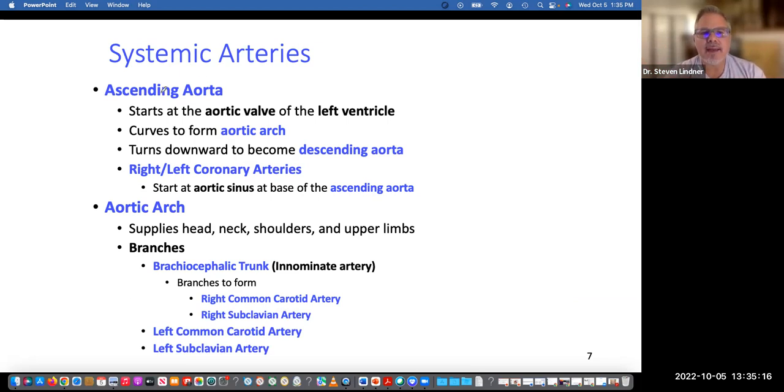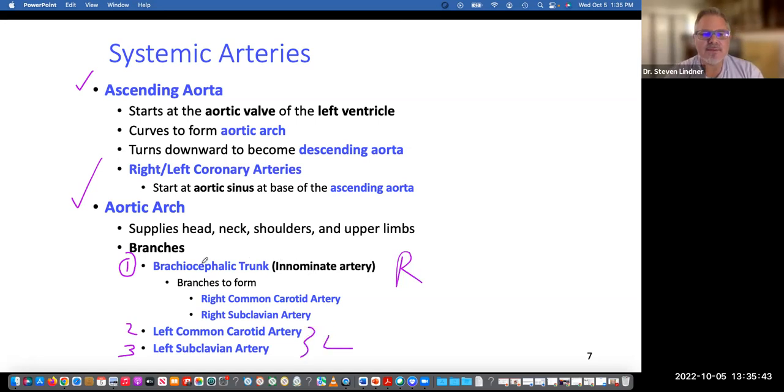So let's look at the main blood vessels that come off the heart. There's an ascending aorta, there's an aortic arch, and then remember, off the aortic arch, there's 1, 2, 3 arteries that come off of it. I call them the 3 valves of the trumpet. The brachiocephalic is on the right side, and obviously these two are going to be on the left side.